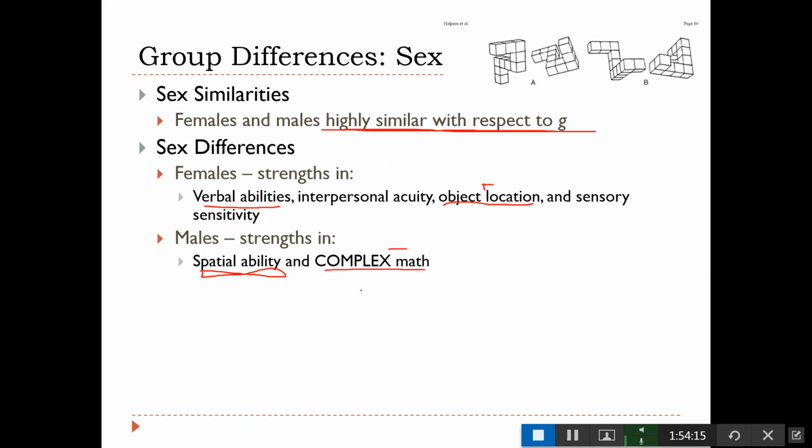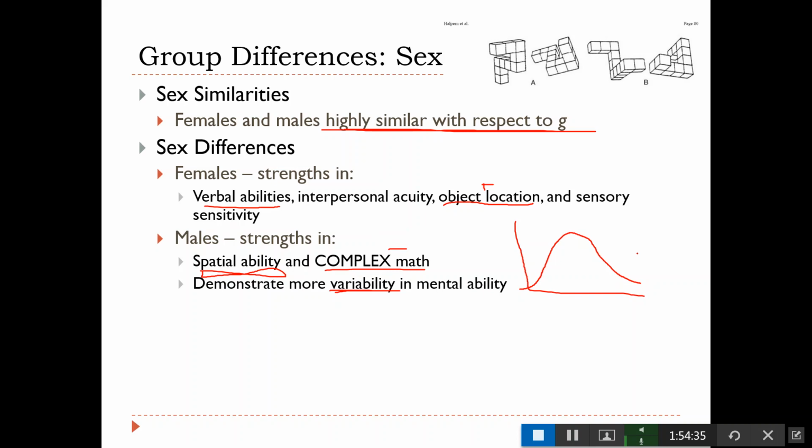And this is where people get things wrong, right? Another interesting thing about guys is they tend to demonstrate a lot more variability in their mental ability. What I mean by that is you saw that normal curve before, where people tend to score mostly in the 100 range on this intelligence scale, right?